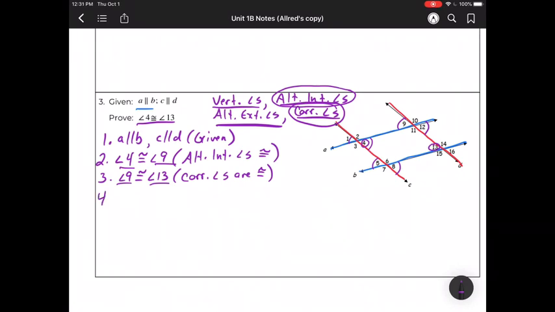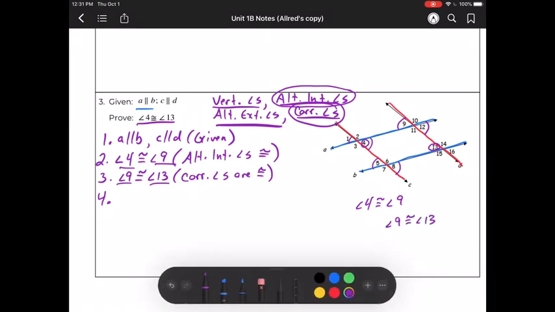So you might remember in a previous lesson we talked about something called the transitive property. If angle 4 is congruent to angle 9, and angle 9 is also congruent to angle 13, then we can link these together like this, that angle 9 is kind of that middle angle relationship.